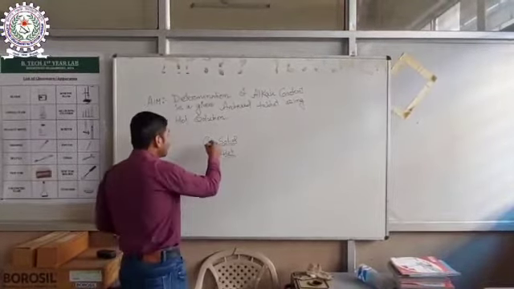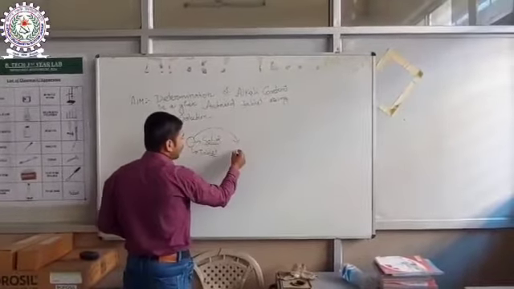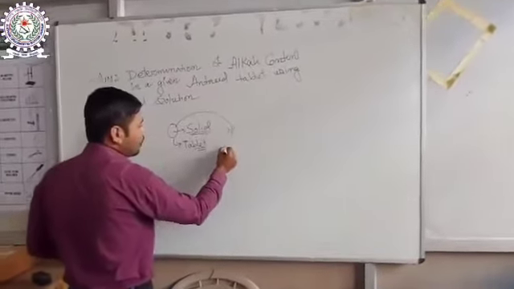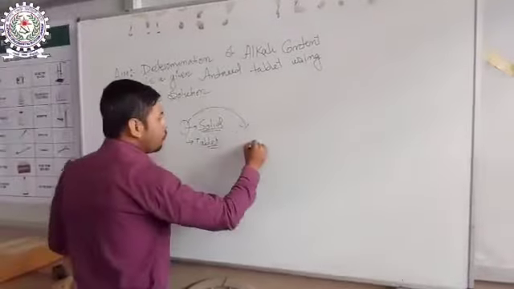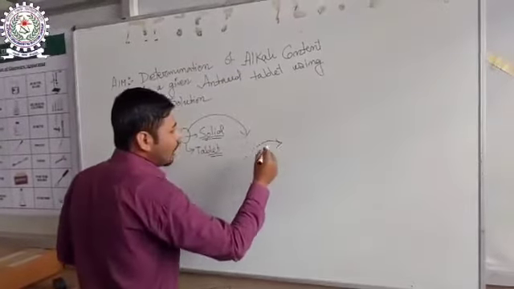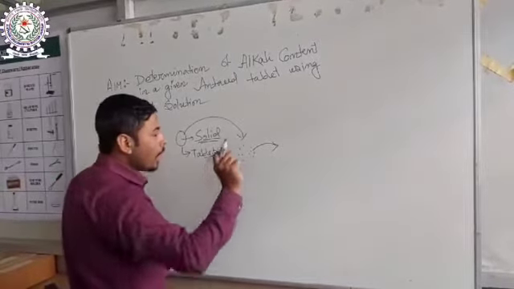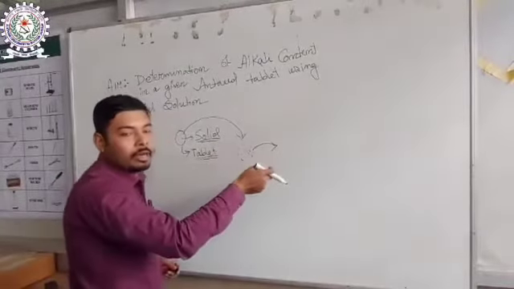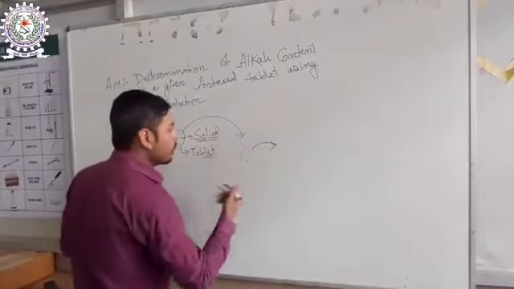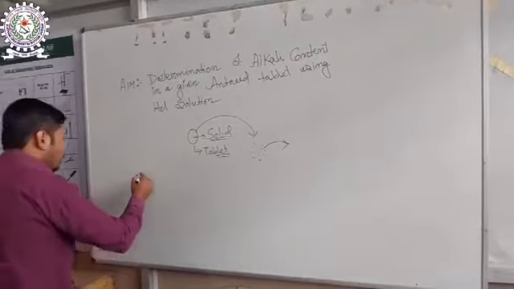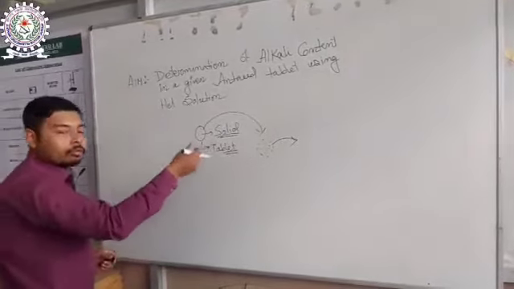First of all, you have to grind this tablet into powder, and then measure a specific quantity and dissolve it in a particular solution. So how will you do that? The calculation is like this.